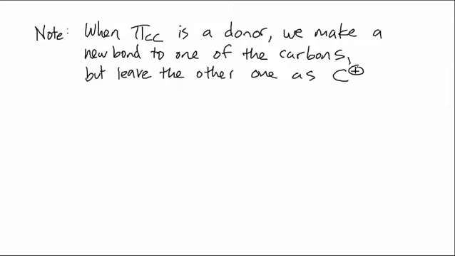And part of what we would talk about in a future module, where we talk about reactions of alkenes, is, all right, which carbon should be left with the positive charge? Which carbon should we form the new bond to? In the example we just looked at, there was no difference; they were equivalent, so it didn't matter.